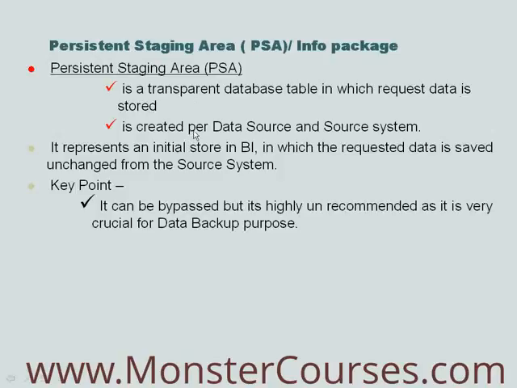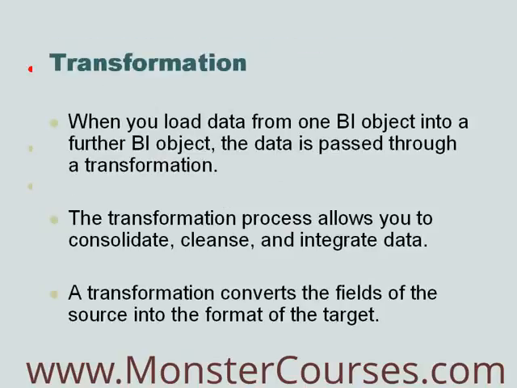The PSA is created based on the data source and source system. It represents an initial store in BI in which the request data is saved unchanged from the source system, without making any changes. As it is, data is maintained at PSA. So it can be bypassed, but it is highly not recommended. Okay, that is the PSA.